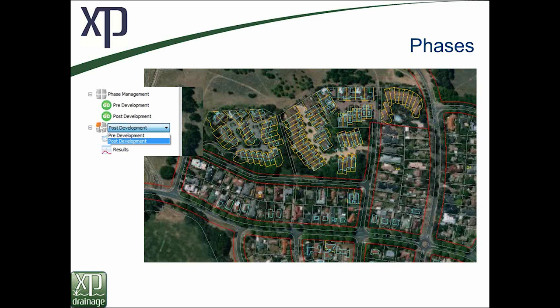One other thing, we've already touched on this, but the phases. It's not limited to pre and post. We could have phase 1 through 10 here that could represent a number of things. It might be phases of the development, certain blocks that develop or types of development. It could be variations and combinations of stormwater controls.